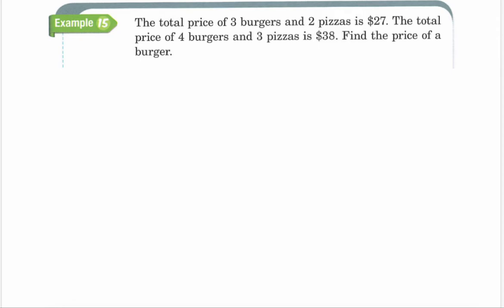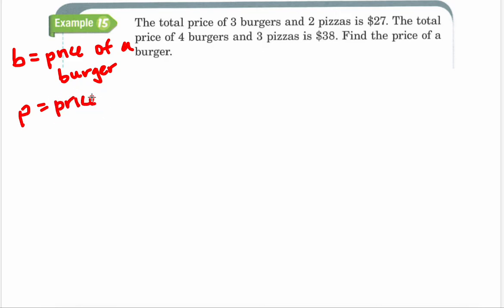All right, so my first step, remember, is to figure out my 2 unknowns. I need to figure out the price of a burger. That's the question. And obviously a pizza, because I don't know that price either. So I'm going to name B the price of a burger, one burger, and I'll name P the price of a pizza.